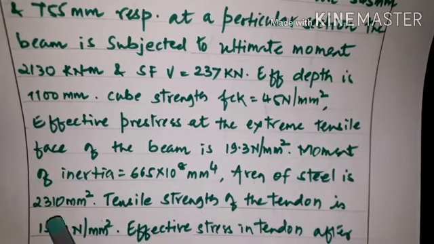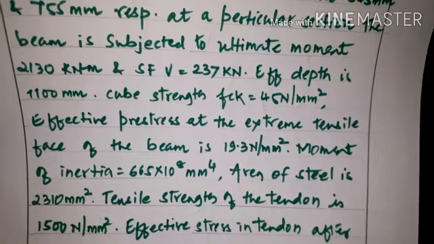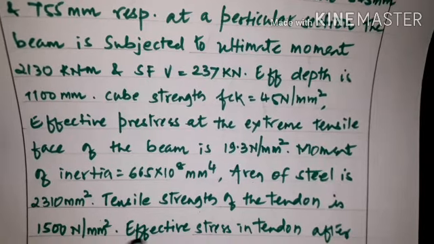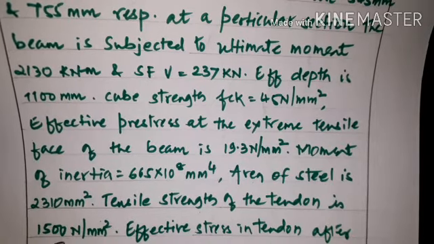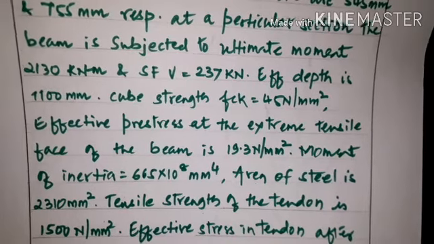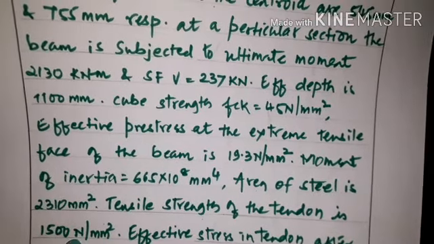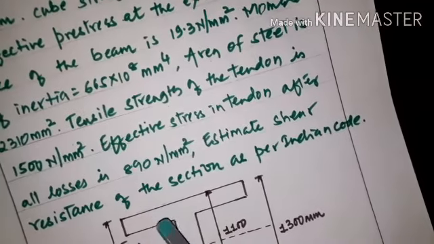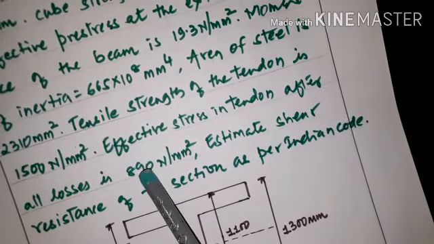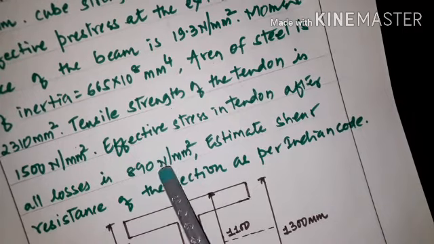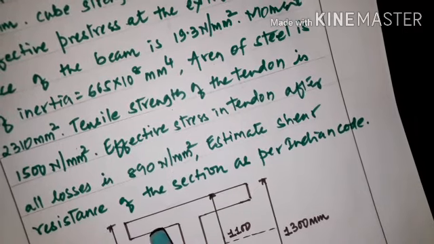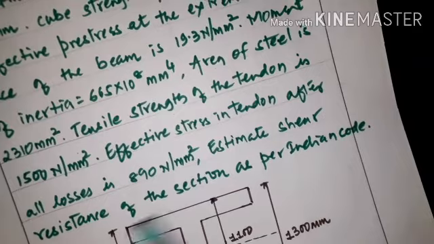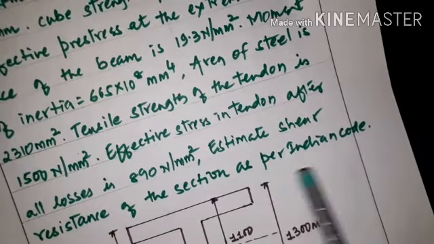Area of steel is given as 2310. Tensile strength of the tendon, fp, is given as 1500 Newton per mm square, and the effective stress in tendon, sorry, this is fpe, that is 890 Newton per mm square. Estimate the shear resistance of the section as per Indian code.